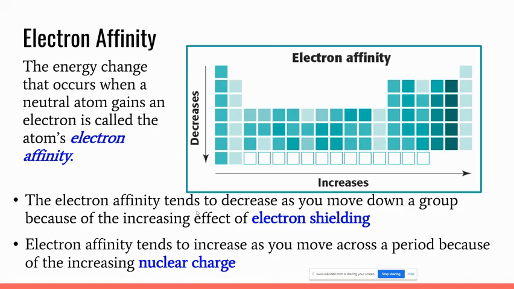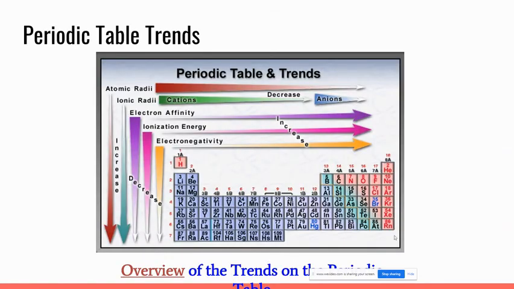As we look at this, electron affinity tends to decrease as you move down, and that's because as you move down, you're increasing your distance from the nucleus, so there's not as much that's going to be pulling on those electrons to keep them in. And then as we move across the periodic table, we're going to increase our electron affinity because we're adding more positive charges in. So here's kind of just a brief overview of our periodic trends on the periodic table.